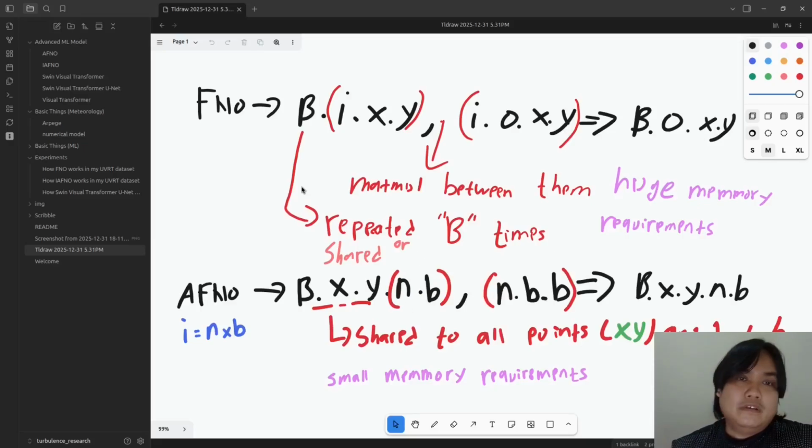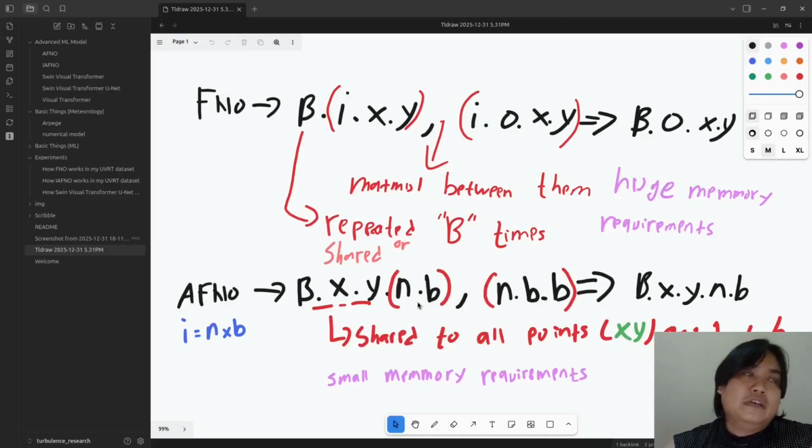So the embedded dimension, they will divide it by some number that divides the total embedded dimension, and because of that, the total computation in the attention network will be significantly reduced.